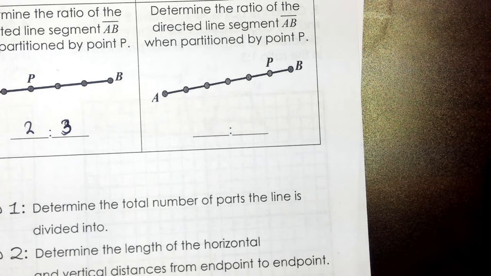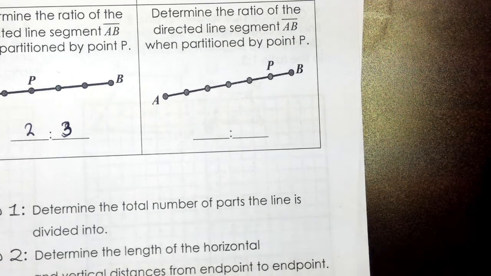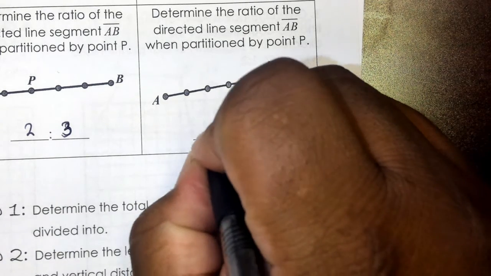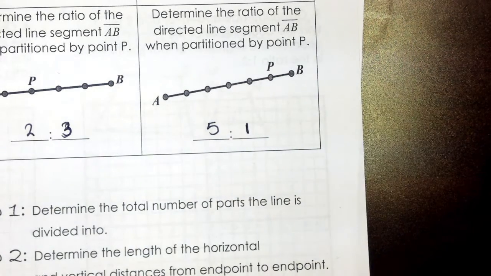Count the segments. Some of y'all be counting points. That's where you mess up. You should be counting the segments. 5 to 1. Now, that's okay. That's a good teaching moment. I know some of y'all are gonna count dots. That's where you're gonna mess up. Count the segments that are created. Alright.